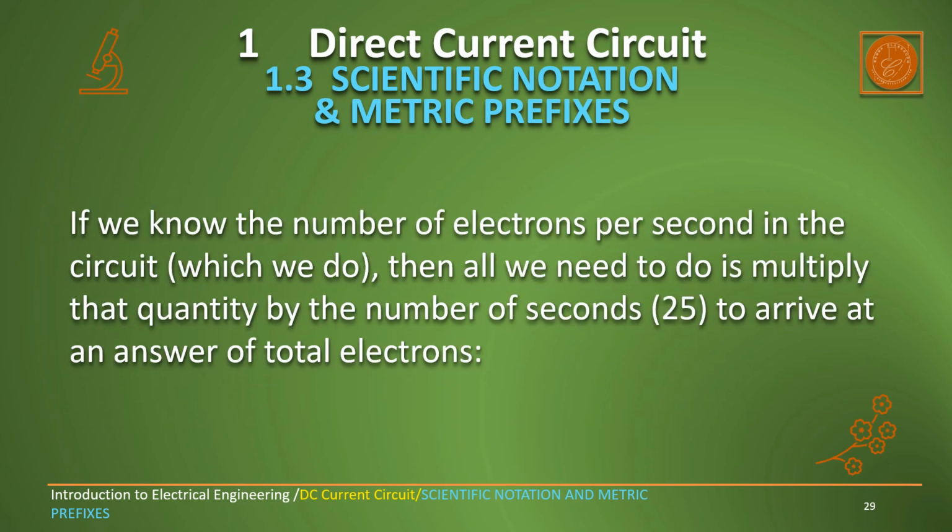If we know the number of electrons per second in the circuit, which we do, then all we need to do is multiply that quantity by the number of seconds, 25, to arrive at an answer of total electrons.